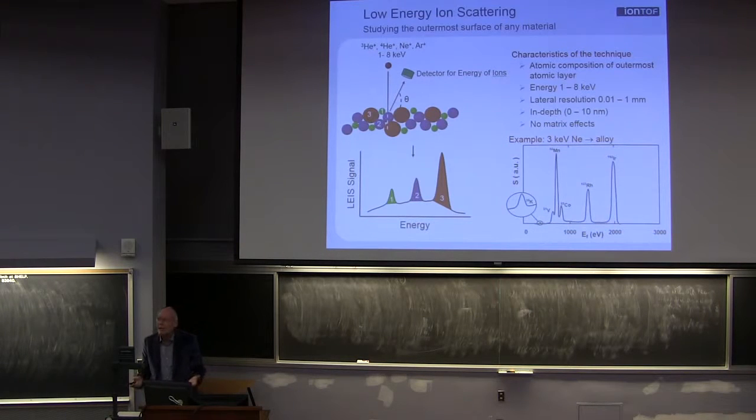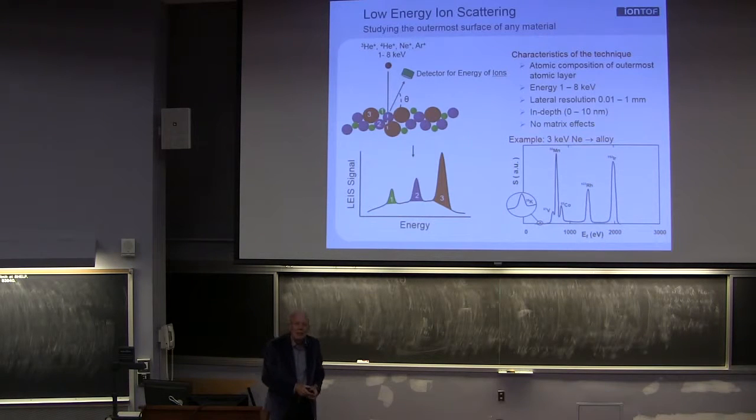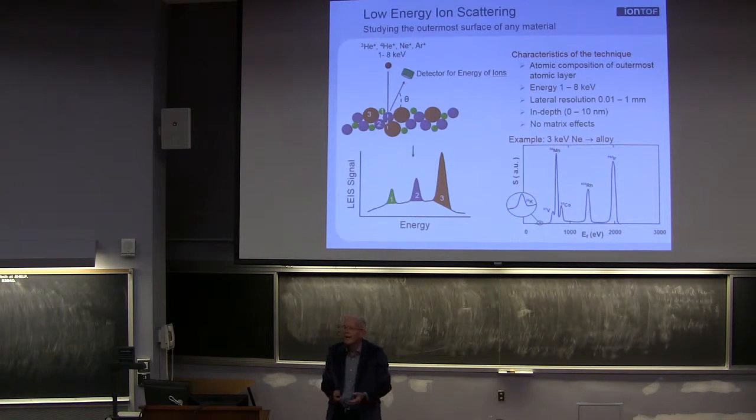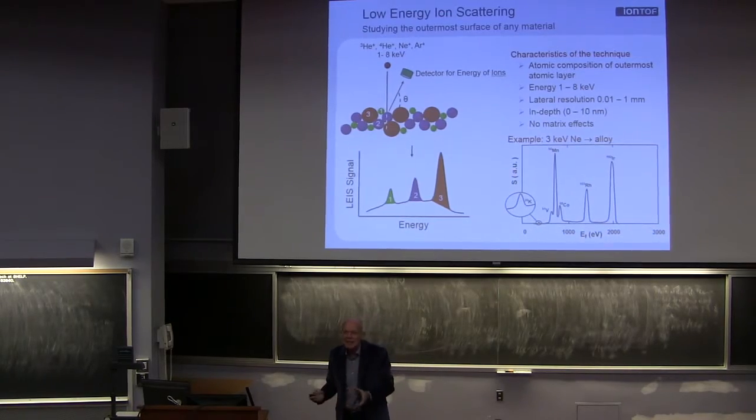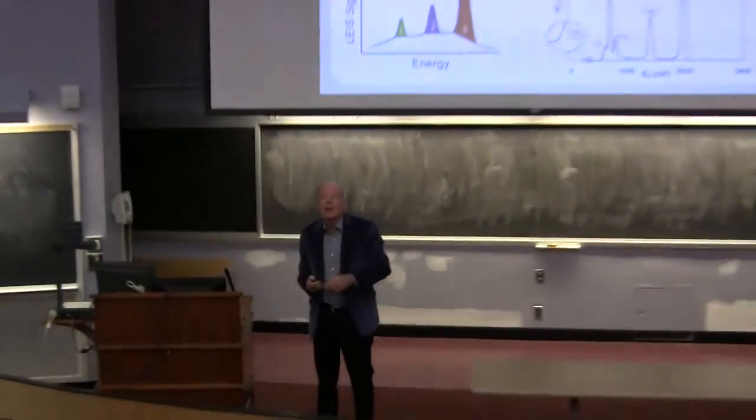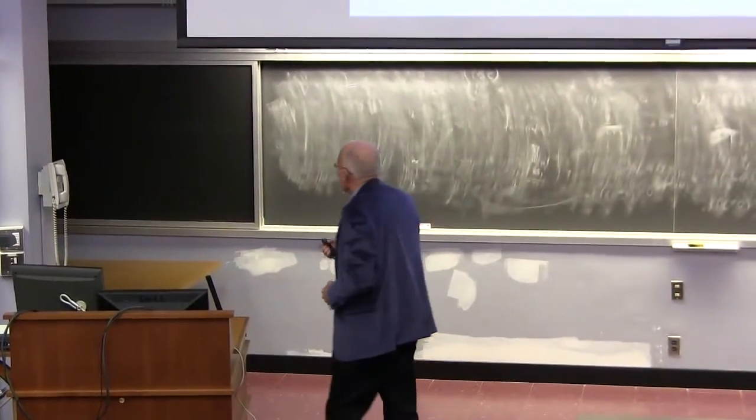It's classical mechanics. You transfer momentum to the atom in the surface, and you measure the same ion coming in and out. If it's helium in, it's the same helium coming out, and it has lost a certain amount of energy. The final energy depends on the mass of the atom it collided with.